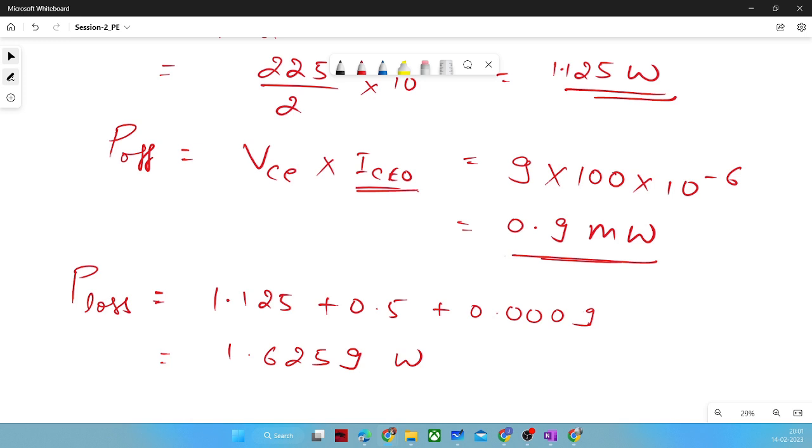Option one is false, given. Second option, saturation VCE is greater than VBE, that is wrong, that is accepted. Collector to emitter leakage current flows only when BJT is on. This one you did not understand? Yes, sir.